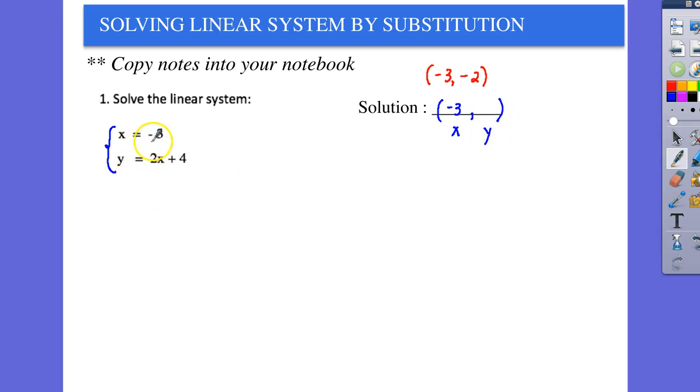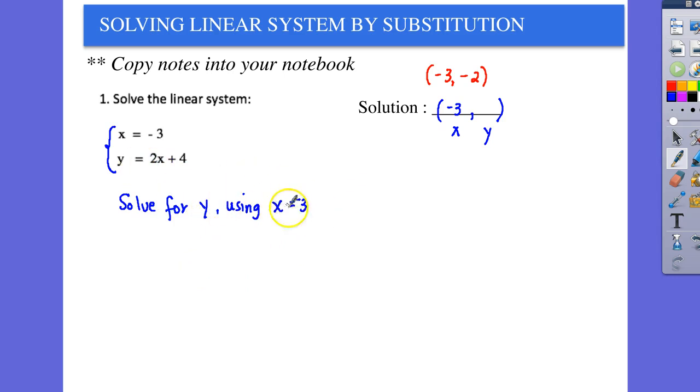If I know that x is equal to -3, I can use that value of x in the second equation to solve for y. So you're going to say solve for y using x equals -3, because it was given to me. So remember, this is just plugging in.